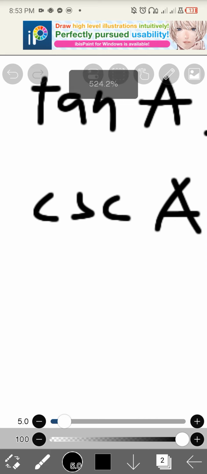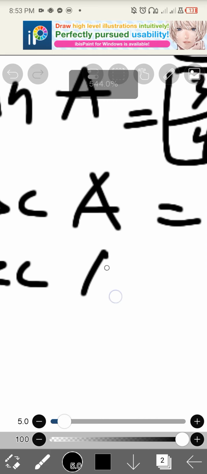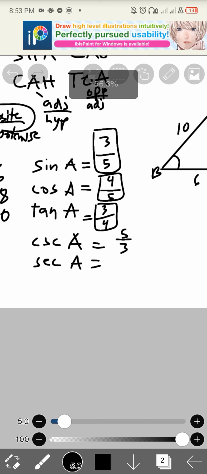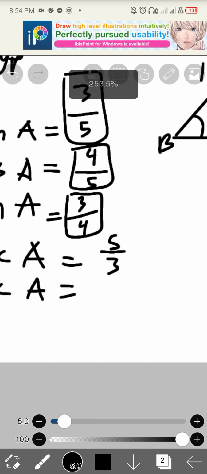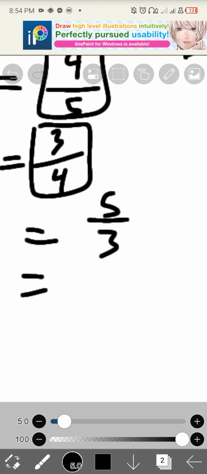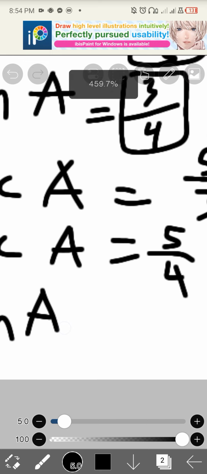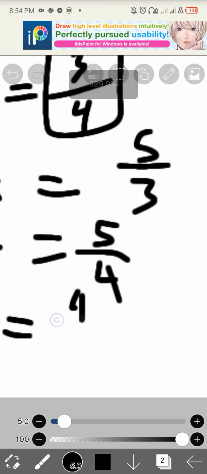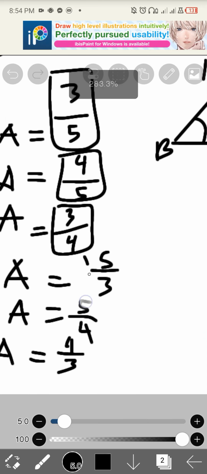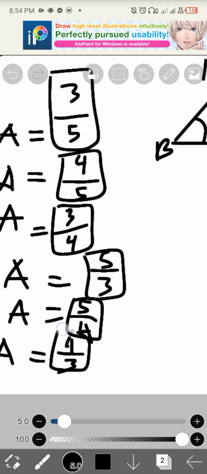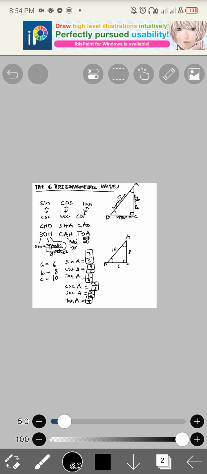For secant A, we take the cosine result and flip it. Instead of 4/5, we get 5/4. Easy. And cotangent A is equal to 4/3. That's right. So these 6 trigonometric values are pretty easy to remember.